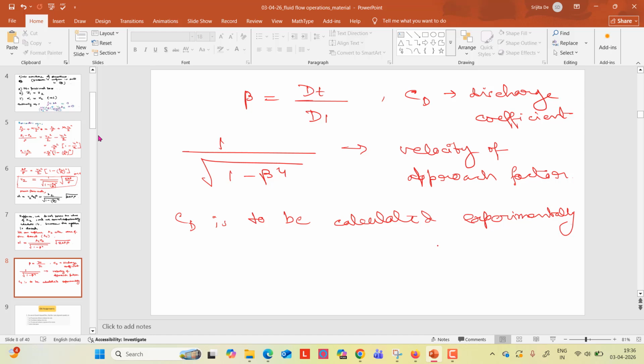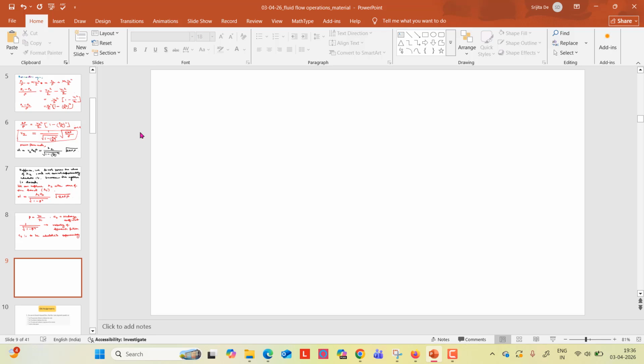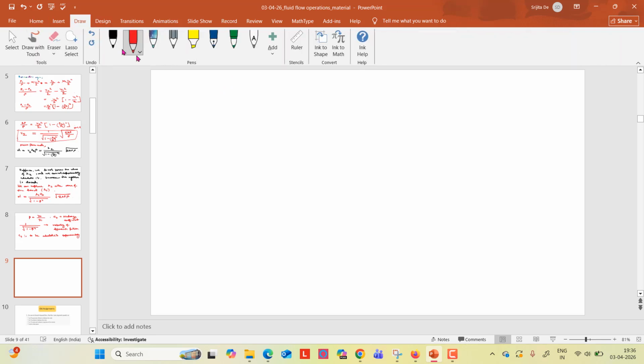Now we are talking about orifice meter next. So the example, this is common for restriction flow meter. Now particularly we are coming to orifice meter.